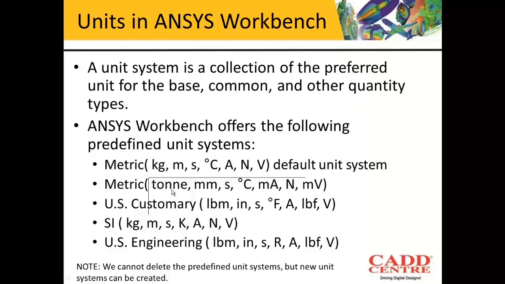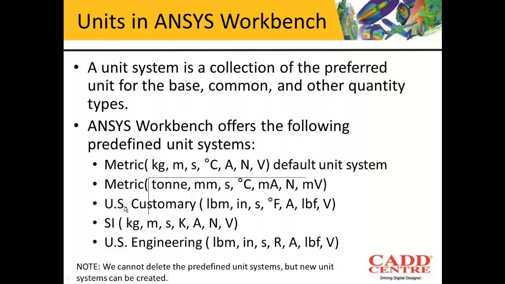Similarly, we have one more metric unit system where the mass will be in tons, length will be in millimeters, time will be in seconds, temperature in degrees Celsius, the current will be in milliamperes, force is in newton, and millivolts.